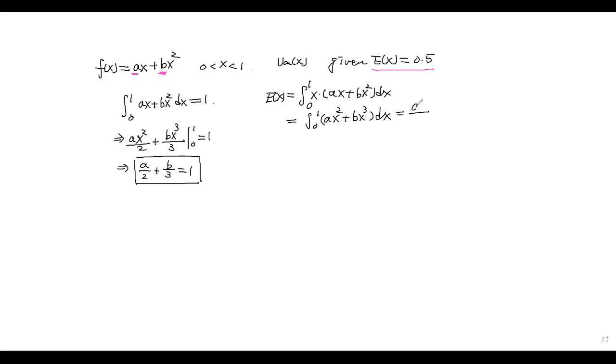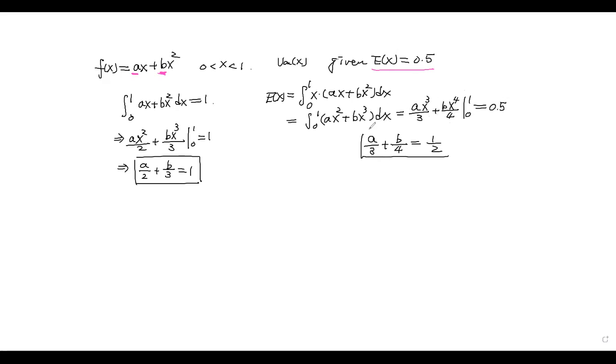I get a over 3 x cubed plus b over 4 x to the 4th, from 0 to 1, and this is equal to 0.5. After substituting, it's a over 3 plus b over 4, which equals 1/2.